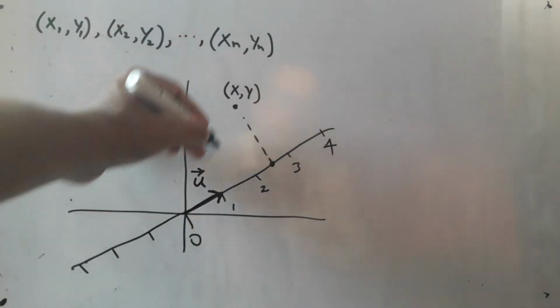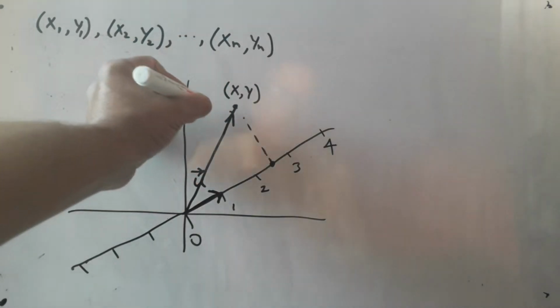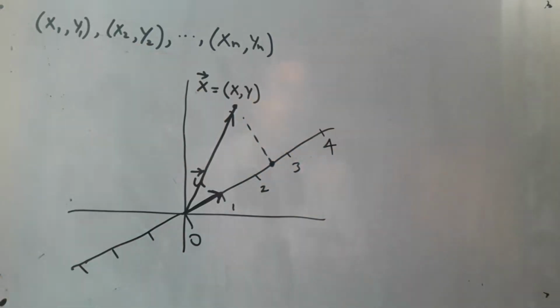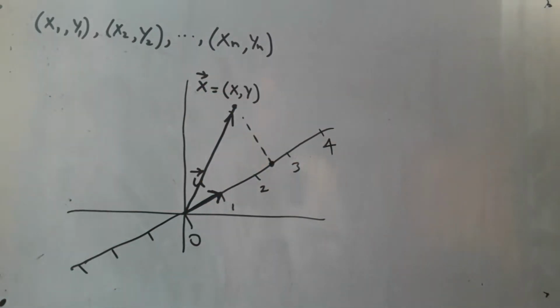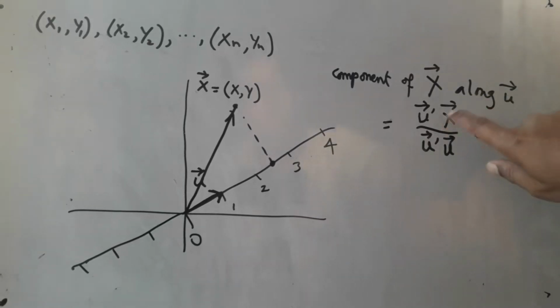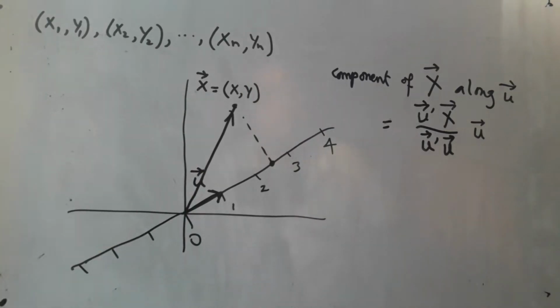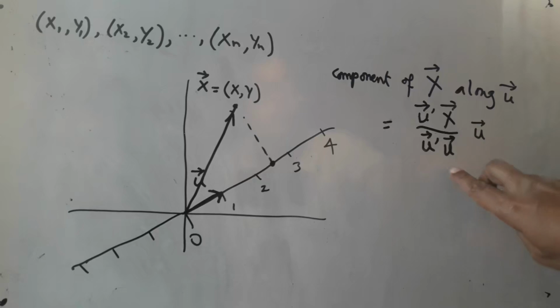Now this particular thing, I already have given it a name. It is the x vector. So I am trying to find out the component of this along the direction u, which we know from standard formula: u transpose x, that is the dot product between u and x, divided by u transpose u, which is the squared length of u.